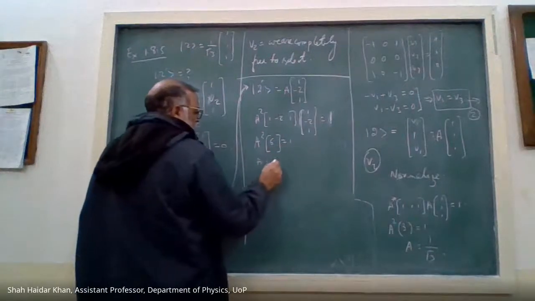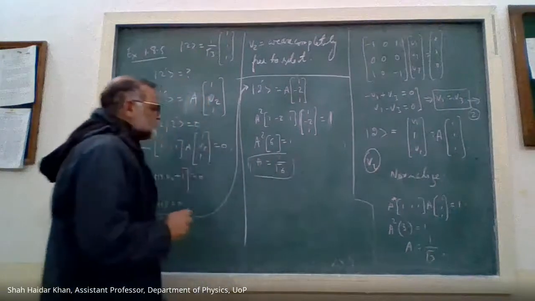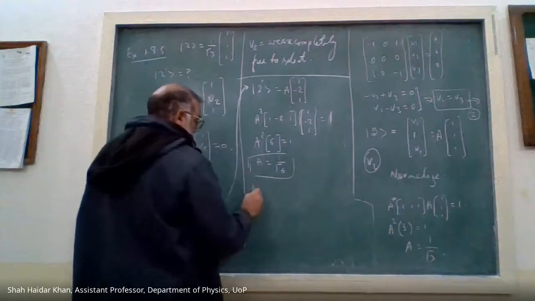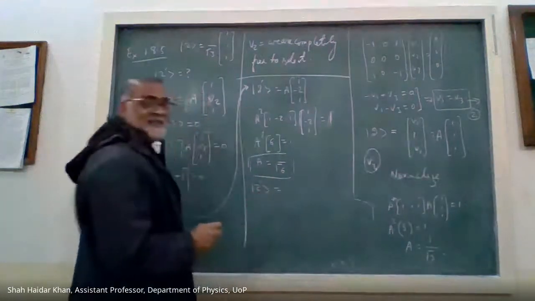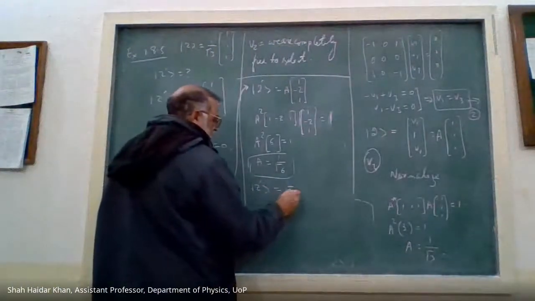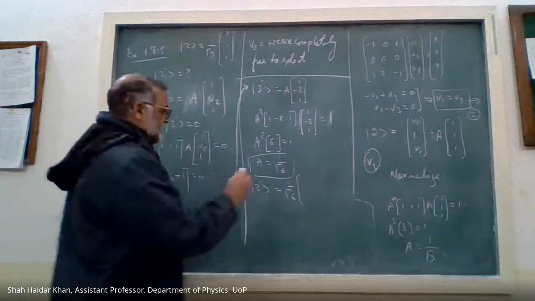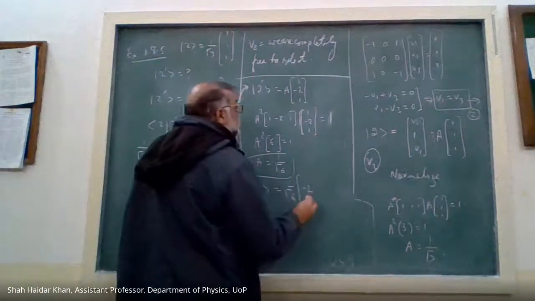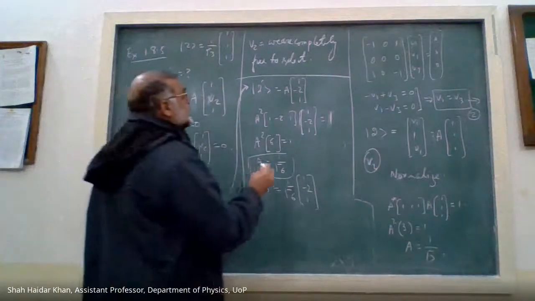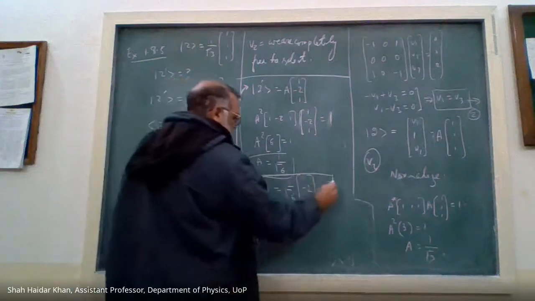So a will be equal to 1 over square root of 6. So 2 prime, I will say the second vector, will be equal to 1 over square root of 6 times (1, -2, 1). So that is the third vector.